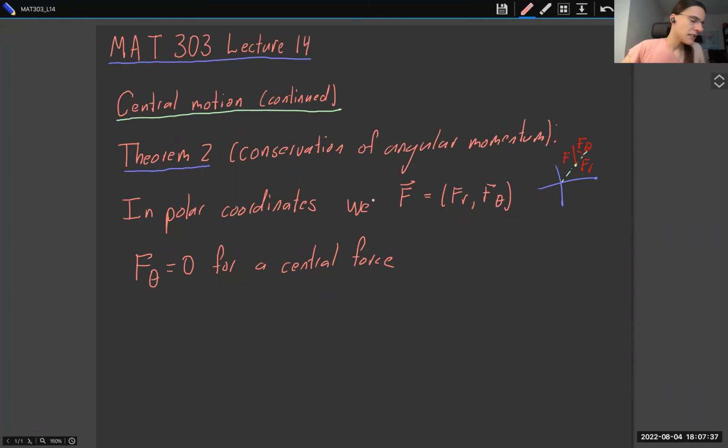What that means is that F_theta is equal to 0, which is equal to mass times acceleration in the theta direction. But what is acceleration in the theta direction?